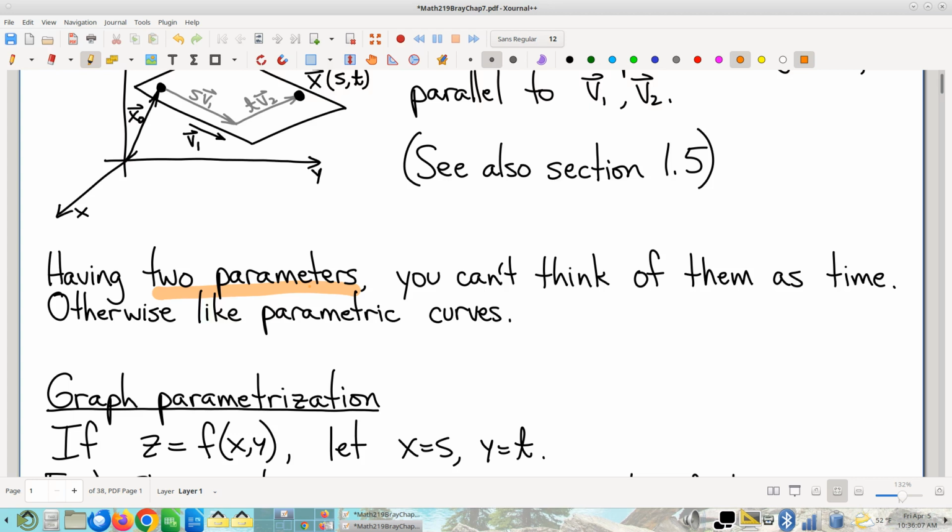It's a wonderful little sort of physical metaphor for what's going on. Now that I have two parameters, I can't really have two different kinds of time. Again, that'd be a really confusing sci-fi movie. I don't think that's going to be a helpful point of view. So you have to abandon this time point of view. But other than that, it's just like parametric curves.